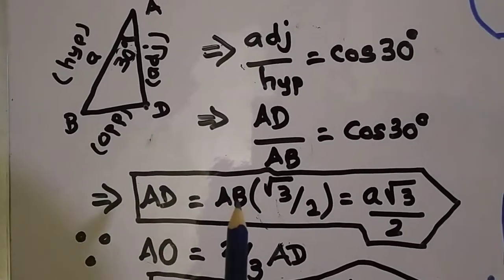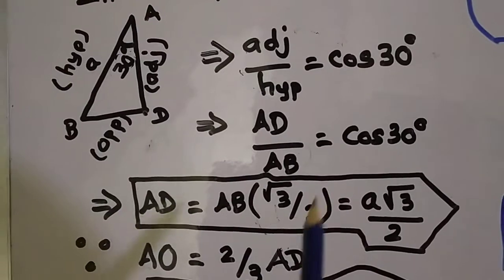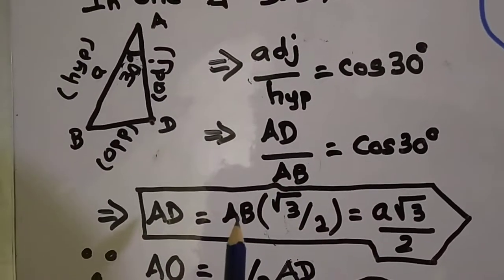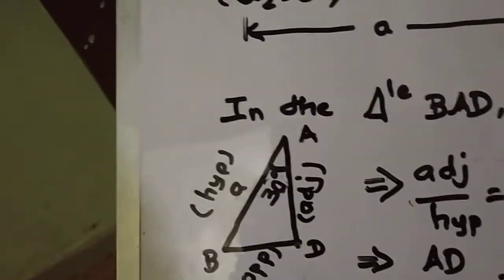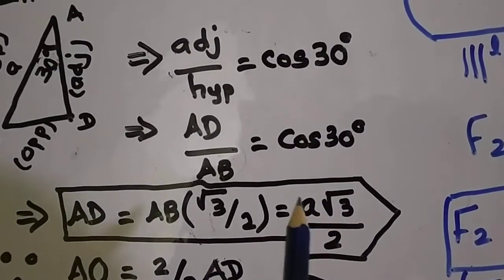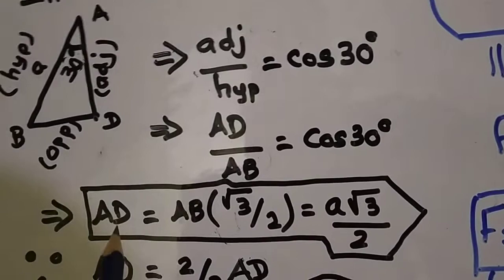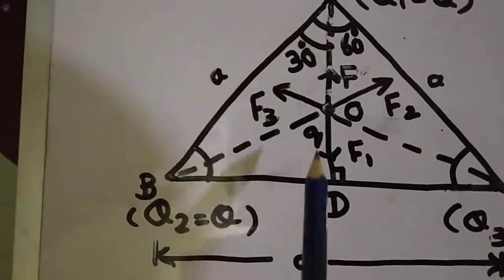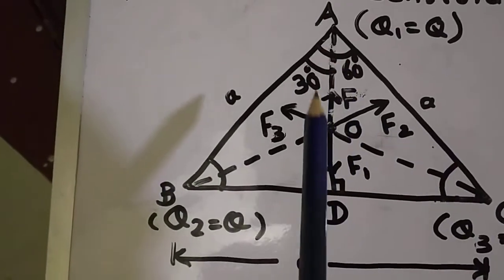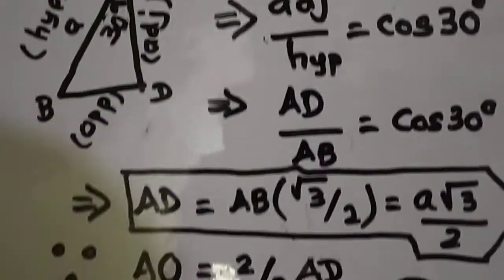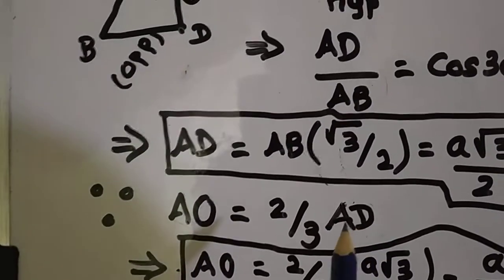AD is equal to AB times cos 30, and the value of cos 30 is root 3 by 2. Since AB is equal to the side A, A into root 3 by 2 is the value of AD. Here in the diagram, AO is nothing but 2/3 of AD.